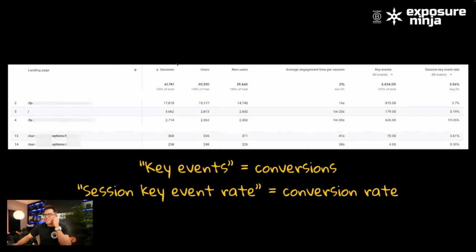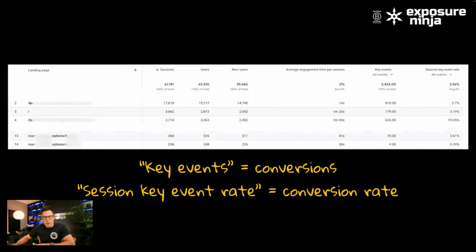Then we've got some data about what's going on with those visitors and how they're using the site. Then over here, we've got the key events or the conversions. So we've got the number of key events that have happened from this amount of traffic. And then the last column is this session key event rate or the conversion rate. So this shows us the relative conversion rate of each of the different pages on the site.